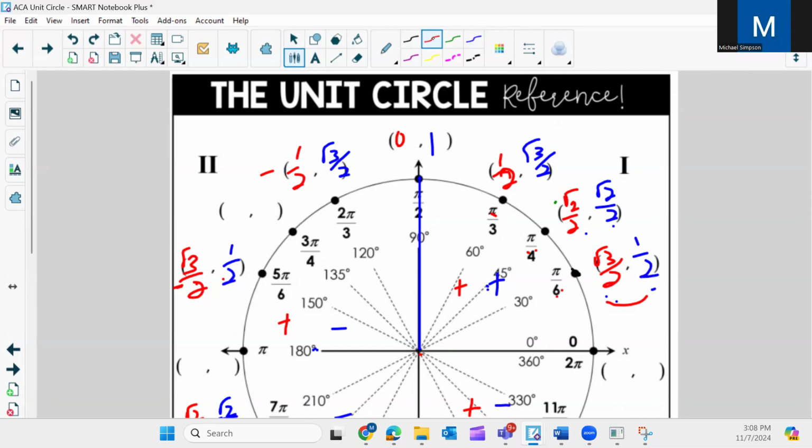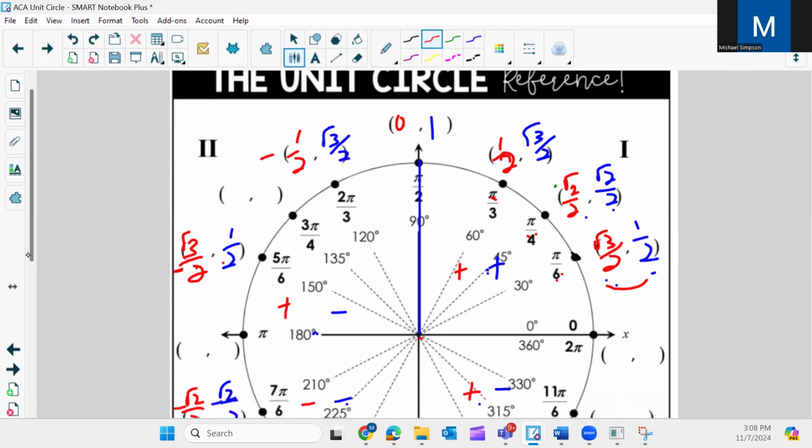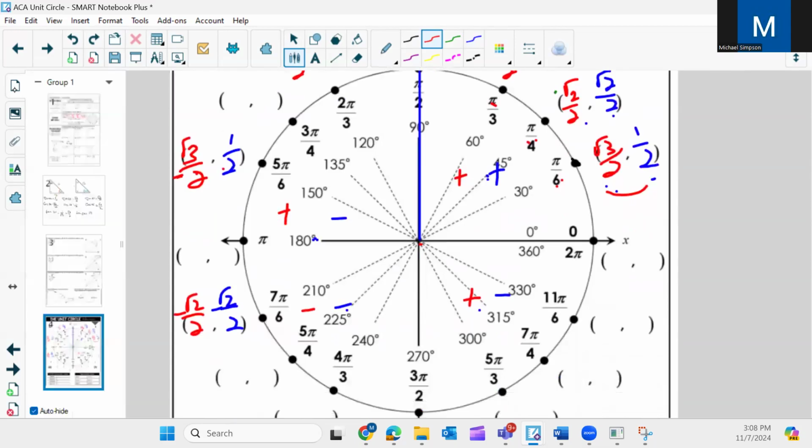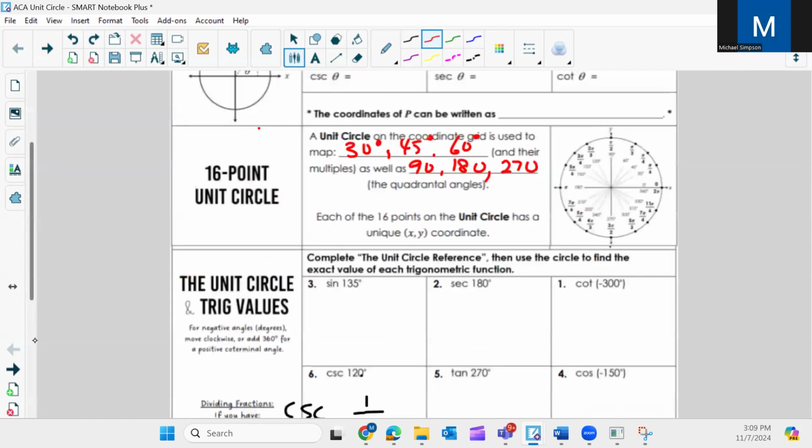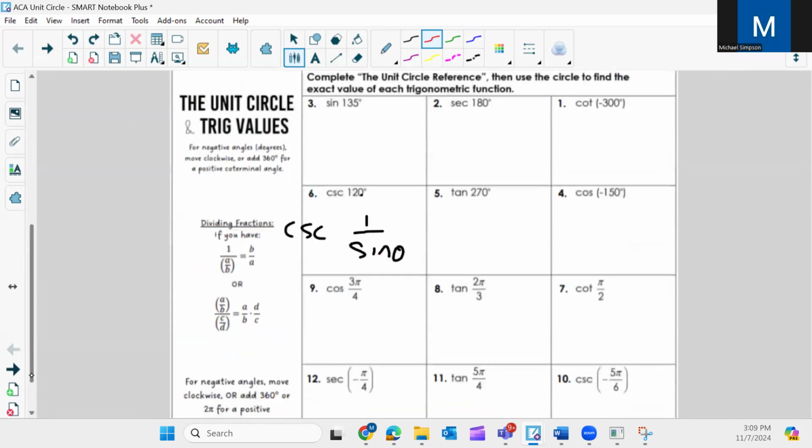All right. So the cosecant of 120 is going to equal 1 over the sine of 120 degrees, which is square root of 3/2.